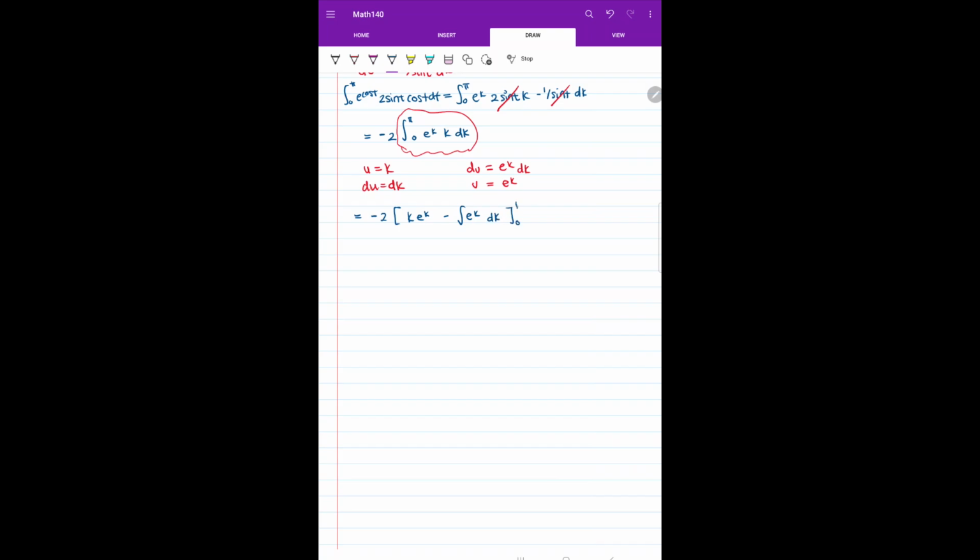And then we evaluate the whole thing from 0 to pi. Okay, so minus 2 times. Now I'm going to take this integral and sub k back in at the same time. So it's going to be cosine t e to the cosine t minus e to the cosine t, from 0 to pi.